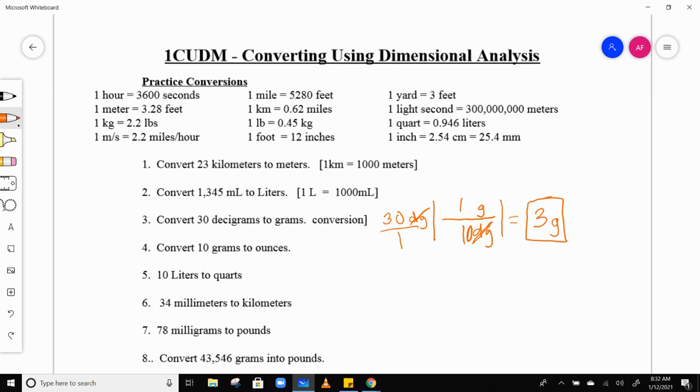A couple things: make sure that your answer has units, because units are important in your answer. Circle or box your answer. And when you do your work, show the brackets like this.